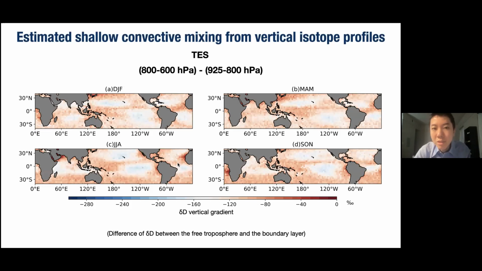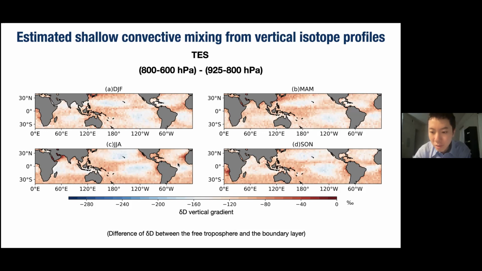The blue color means weaker convective mixing. So we can see that basically the spatial map shows in the warm pool region and the ITCZ, the convective mixing is stronger. And the seasonal movement of the convective mixing follows the movement of the ITCZ.